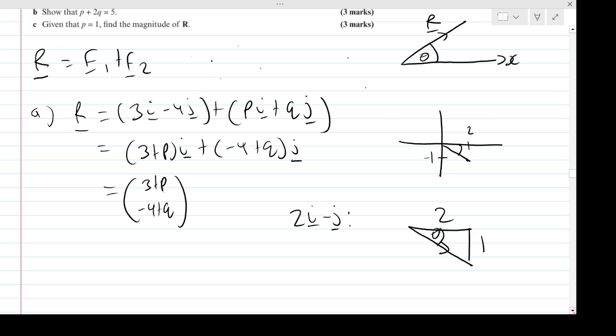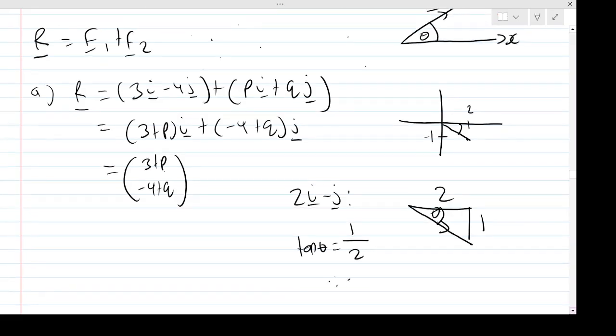Okay, hopefully you can see that. So therefore we can find this angle theta. Using SOHCAHTOA, tan theta is opposite over adjacent. The opposite is 1 and the adjacent is 2, so a half. So if we do inverse tan of a half, that is 26.57, I'll round it to 2 decimal places.